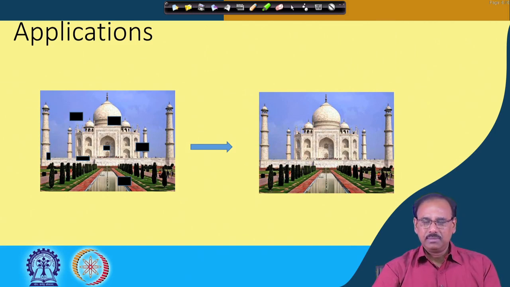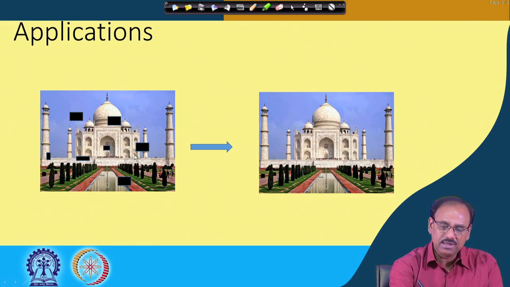Because the autoencoder learns salient features of the image, and from the salient features the decoder part can reconstruct the image, it is possible that the autoencoder will be able to remove such corrupted regions from the input image, which is inpainting, as shown here.